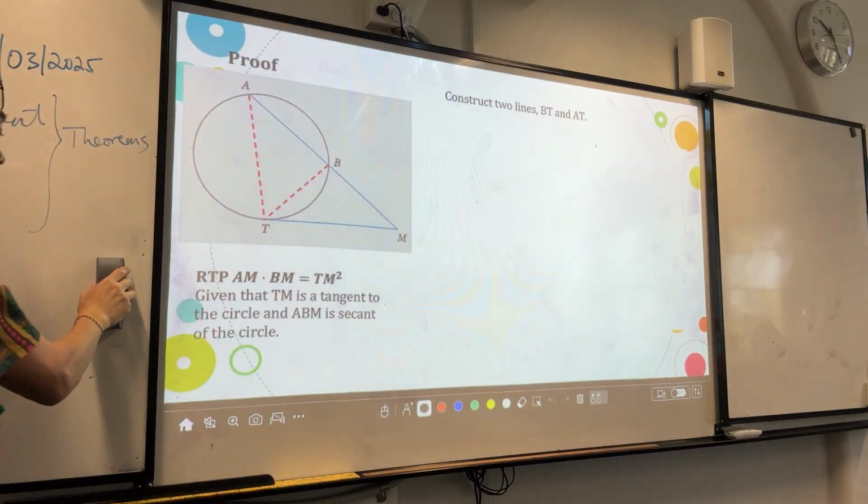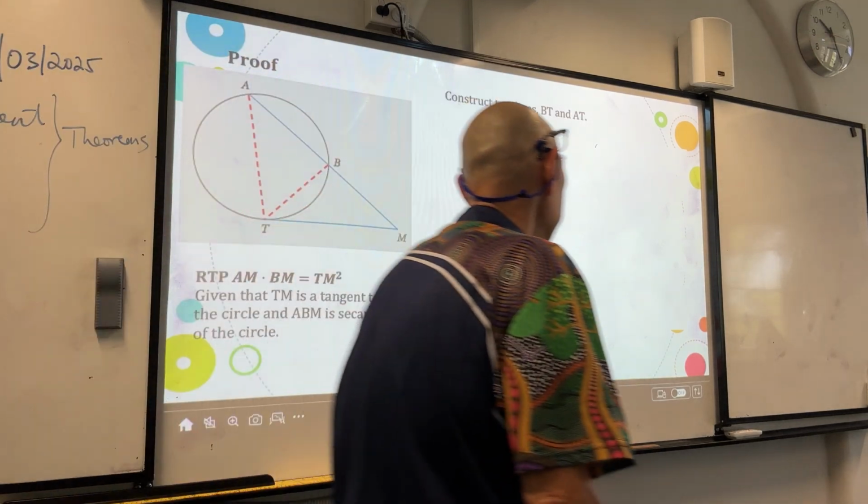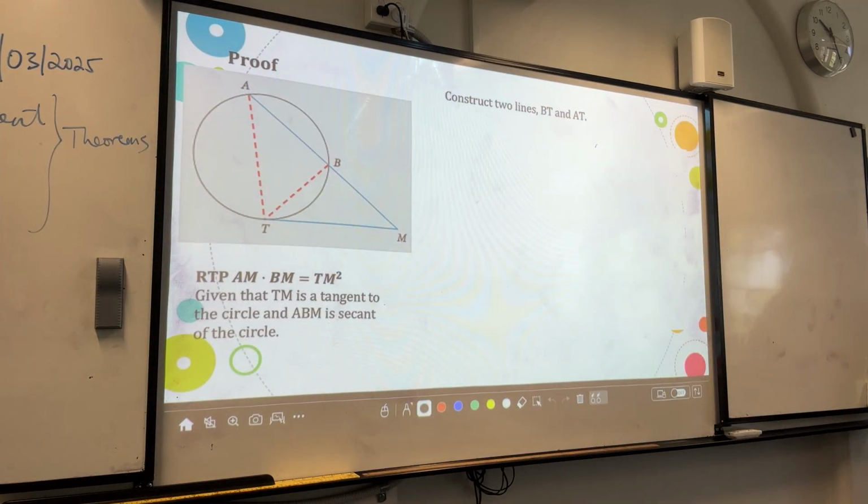Right? So I'm going to start off with stating a few things. Alright? TAM is actually the same as BTM. The alternate angle, the angle in the alternate segment theorem. Right? So that's the first thing.